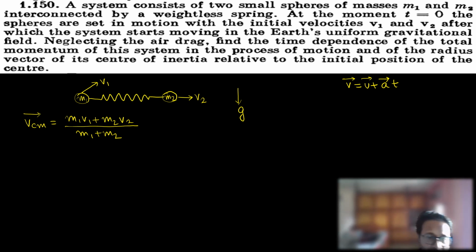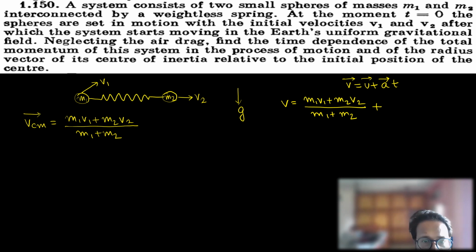What I mean by that is, first let me solve the problem, then I'll tell you what I'm trying to explain corresponding to projectile motion. Okay, v vector is equal to u vector plus a vector times t. So velocity at some final time, v, is equal to u. What is u? u is nothing but the velocity of center of mass, m1 v1 plus m2 v2 by m1 plus m2, plus acceleration.